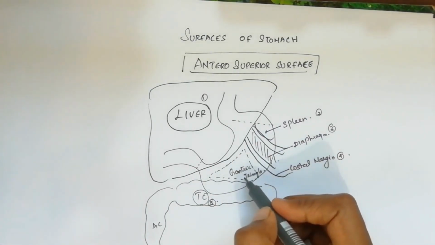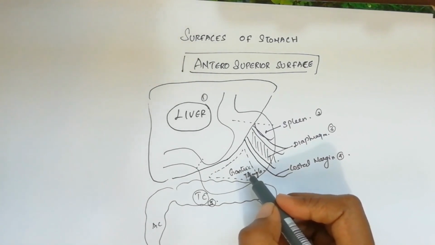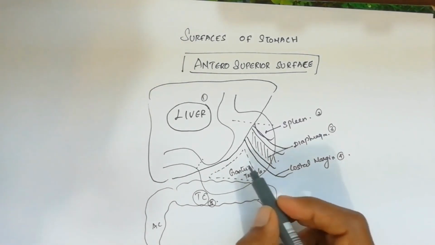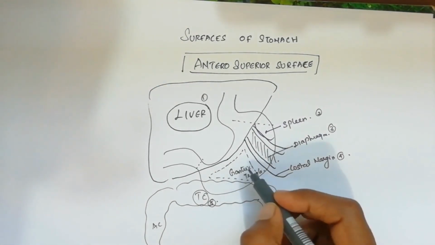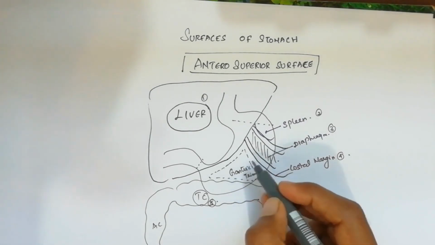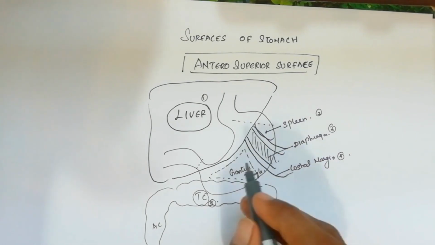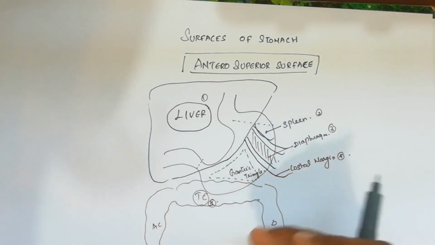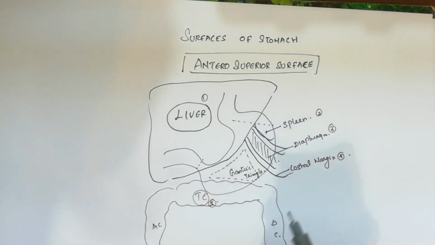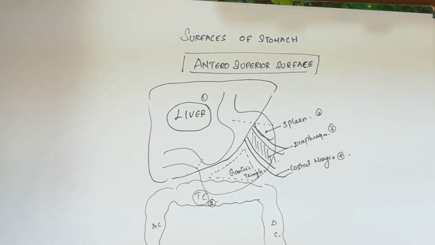The importance of this triangular region is that during esophageal obstruction, we introduce the feeding tube through this triangle. That's why the gastric triangle is an important region, which has no relation with other organs and is directly related to the anterior abdominal wall. So the gastric triangle is an important feature we have to mention.